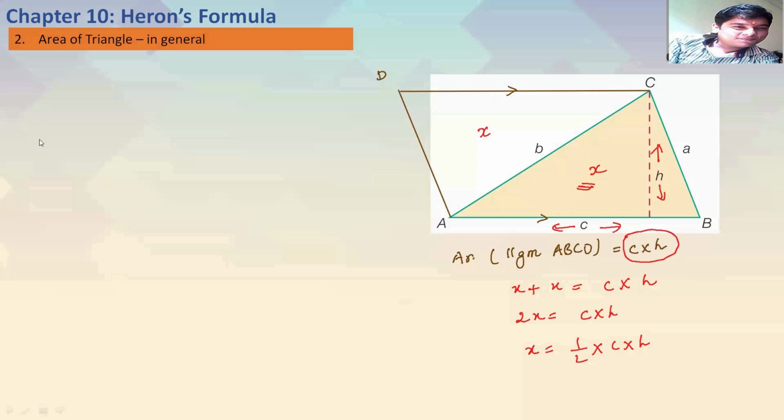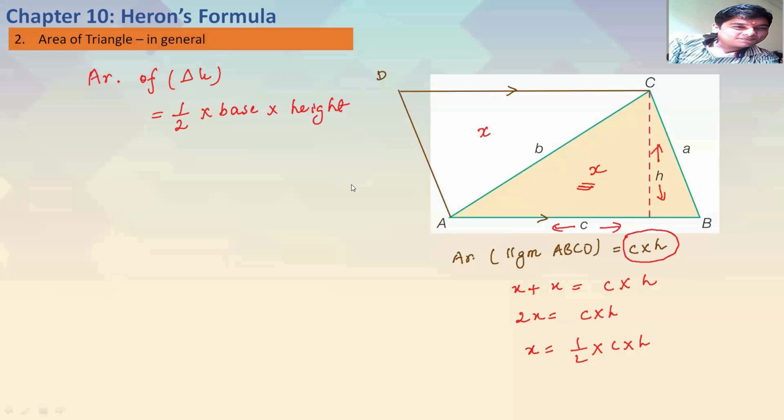Okay, let's first write this down. What is the area of a triangle in general? What did we learn? The area of a triangle in general is half into base into height, right? Okay, fantastic.